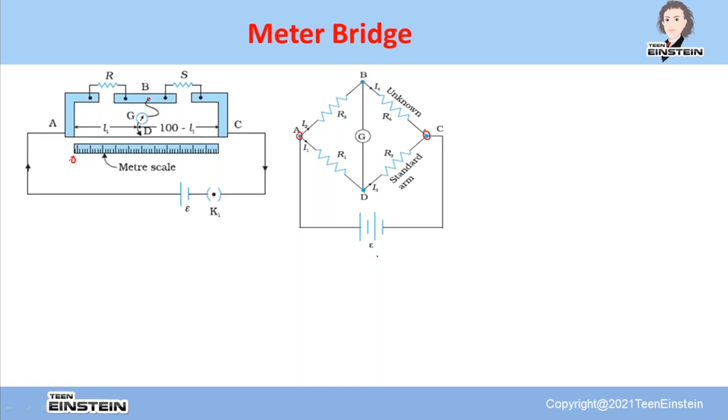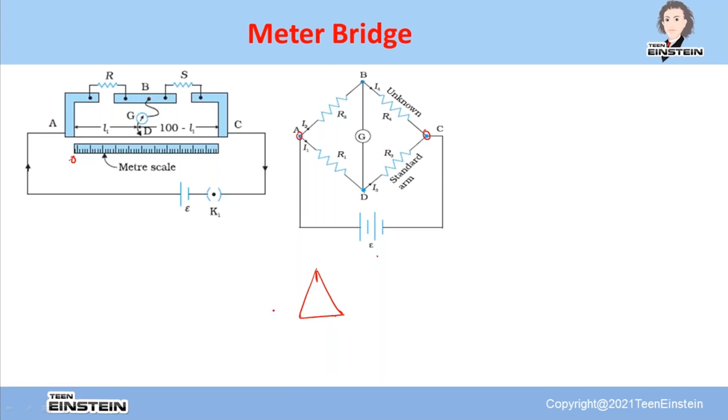So this is B and G, this is the galvanometer, and the other end of the galvanometer is connected to a jockey. A jockey is shaped triangular like that, and at this place there will be a sharp knife edge. Once you go to the laboratory and do the experiment, you will understand what it is.